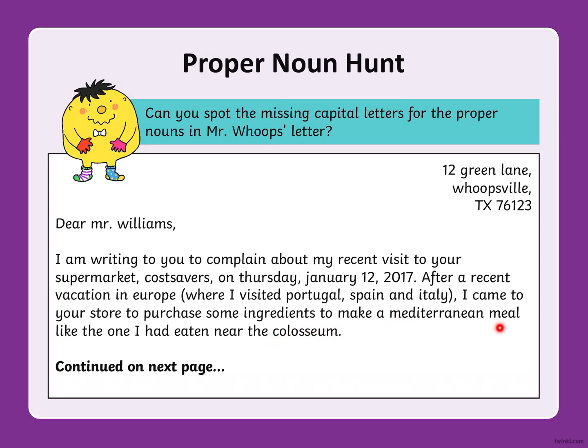Now, I don't think Mediterranean meal needs one. I have checked this, and I don't think that it needs one. If we were talking about the Mediterranean Sea, it definitely would, but I don't think we need one for Mediterranean meal. But the Colosseum will need one. So Colosseum would need a capital because it's the name of a specific landmark, a monument.